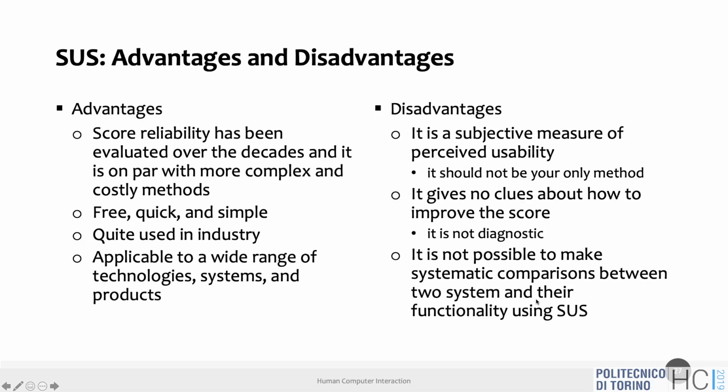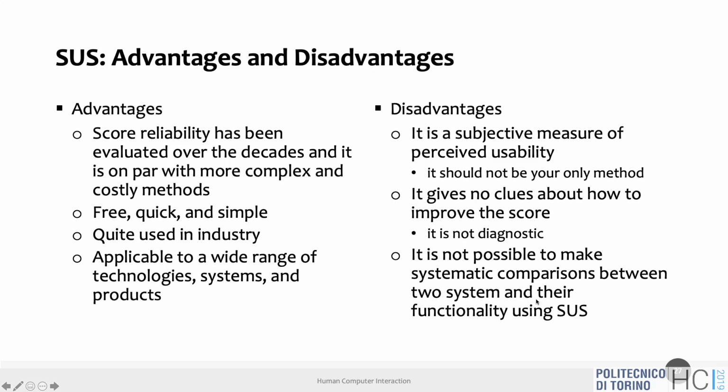So the System Usability Scale has quite a lot of advantages and also some disadvantages. The score reliability is very, very good. It was evaluated over decades of usage in industry with various kinds of devices, applications, and tools, and it's on par with more complex systems for perceived usability.